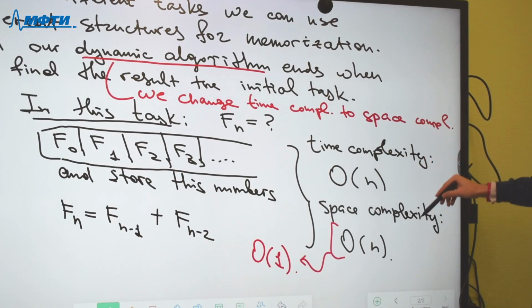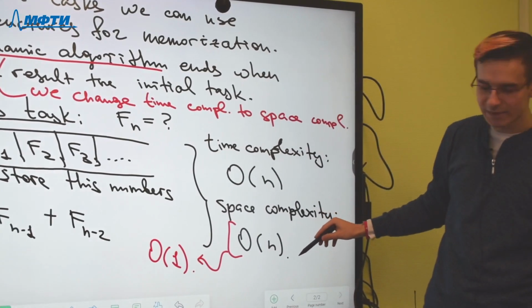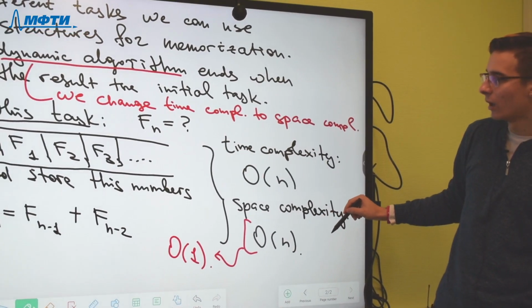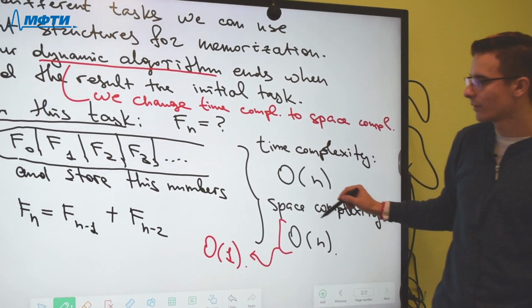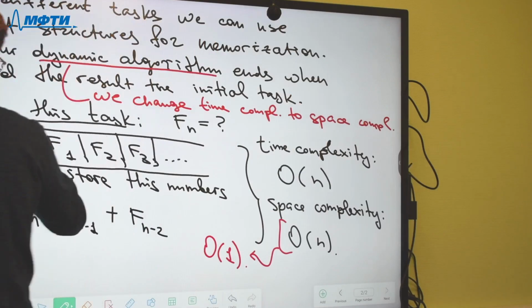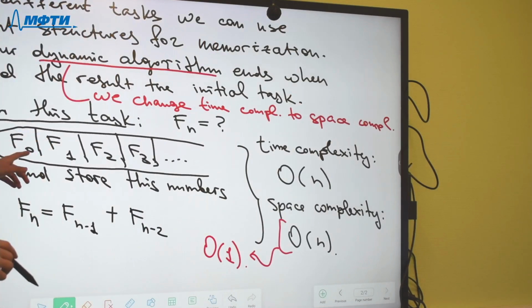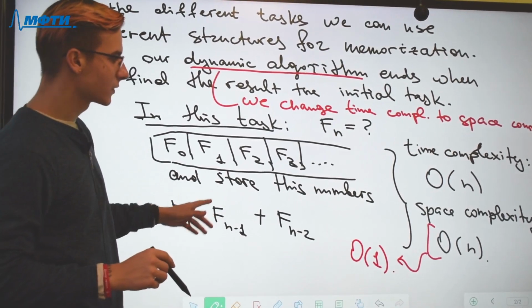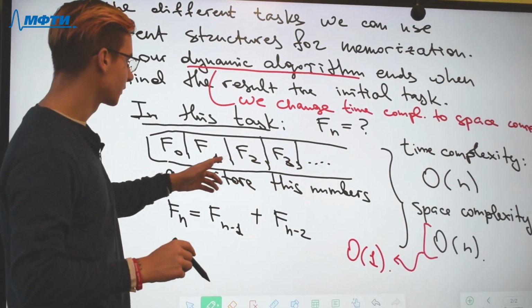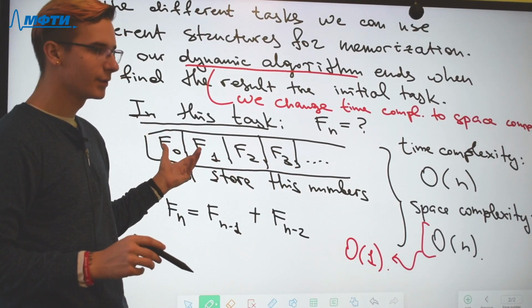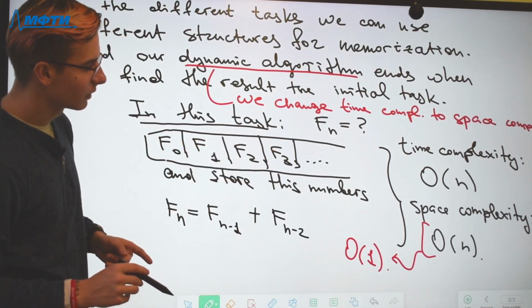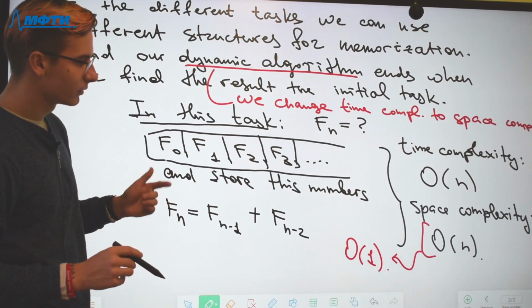Because if we store Fibonacci numbers from 0 to F n, we need to store n numbers, and we get O of n space complexity.